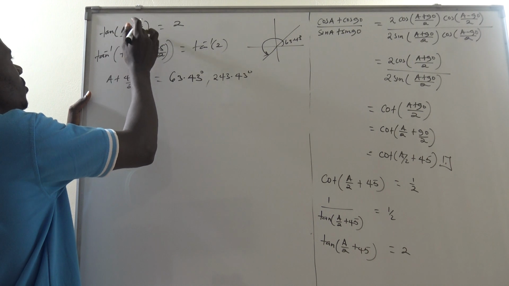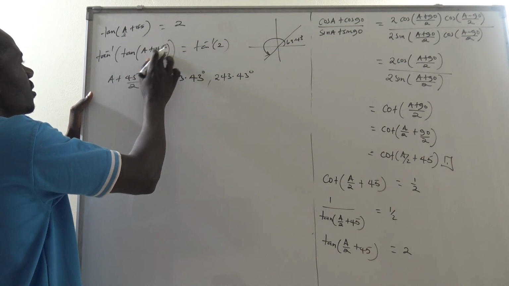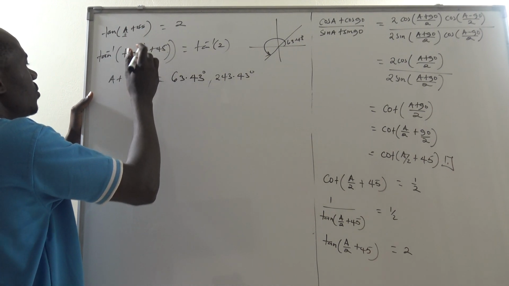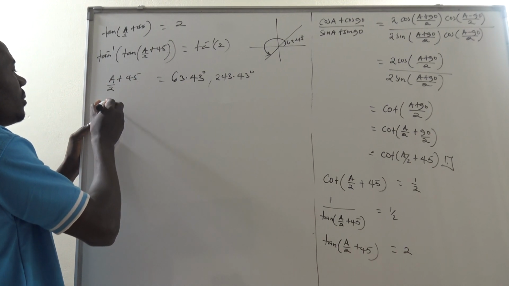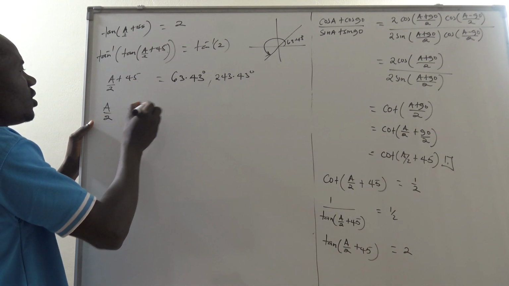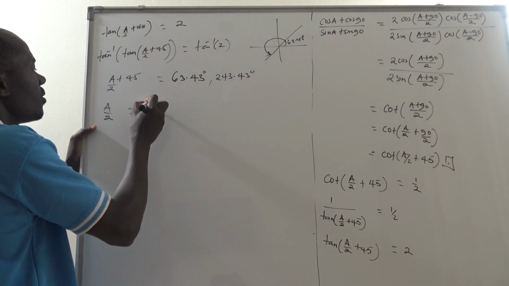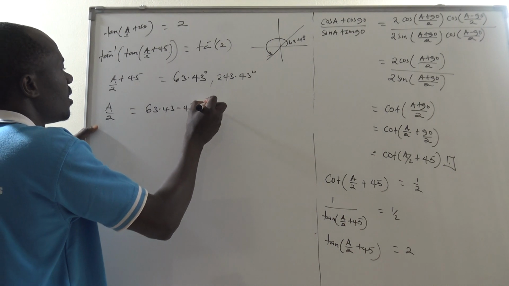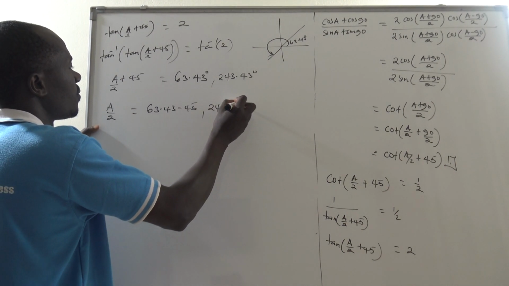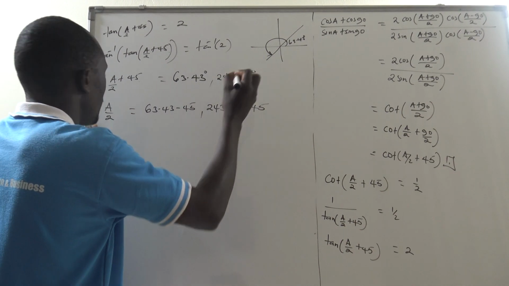Sorry, it is A by 2 plus 45, not 45 by 2. That was a writing error. So can we remain with A by 2? It means on every figure we subtract 45. We say 63.43 minus 45 and 243.43 minus 45.